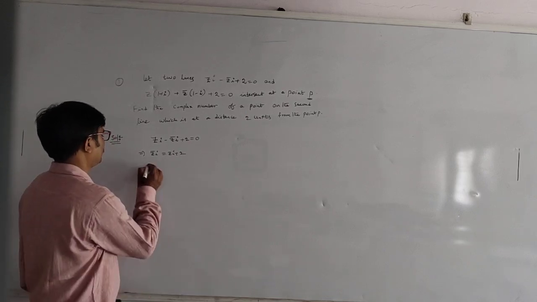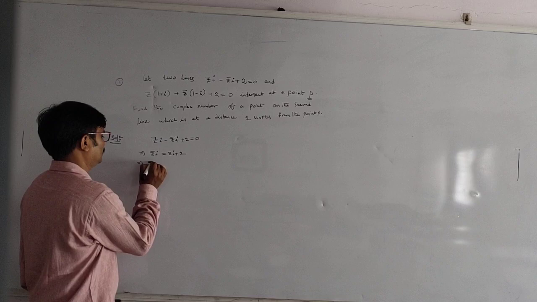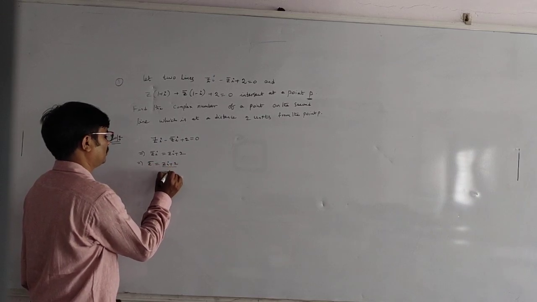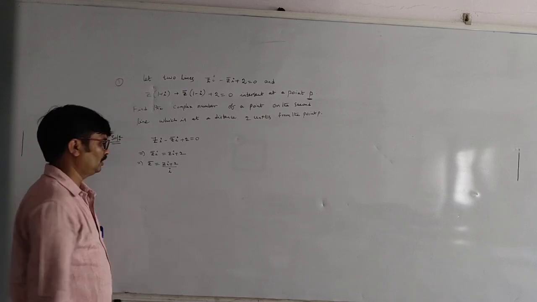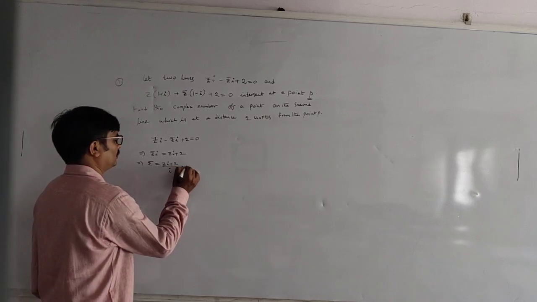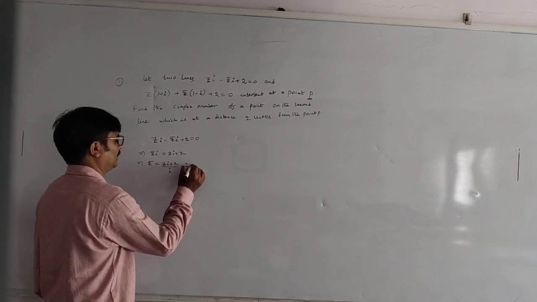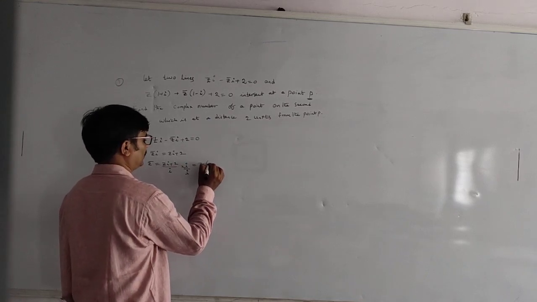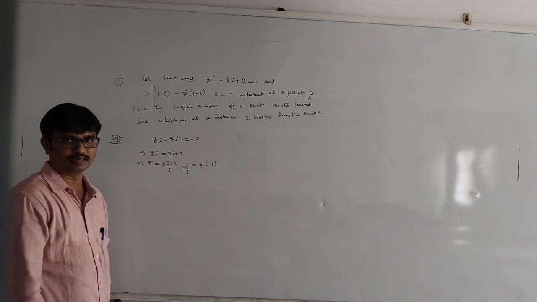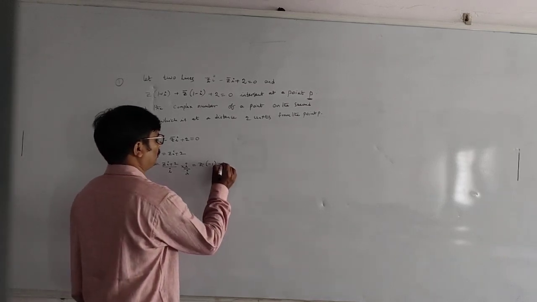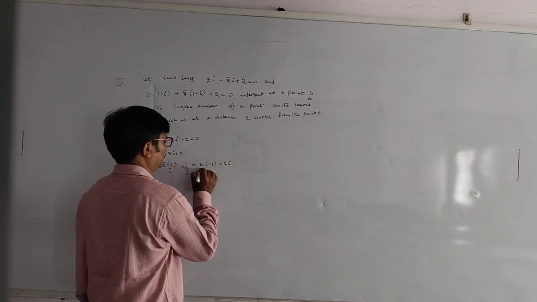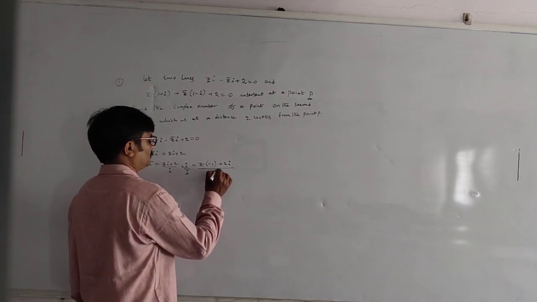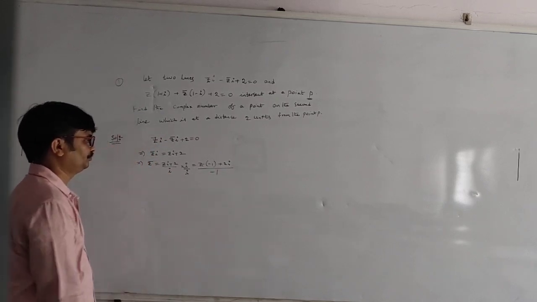Now, students, z bar equal to Zi plus 2 by i. After that, students, we are taking i by i. This is Zi into i, the i square, that is minus 1. After that, 2 into i, 2i upon i into i is the i square. i square is the minus 1.